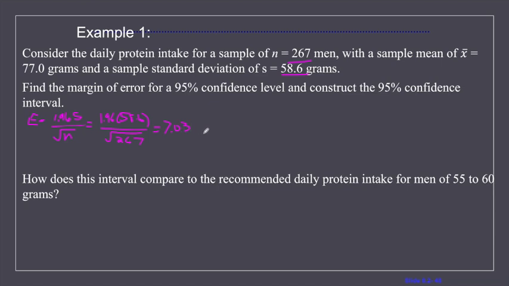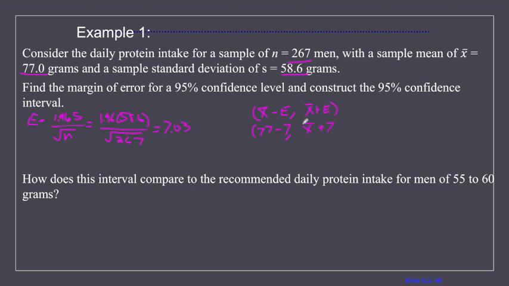So in order to construct this confidence interval, I'm going to take x bar minus our error to x bar plus our error. That gives me x bar, which is 77, minus, why don't we go ahead and round this to 7, and x bar plus 7.